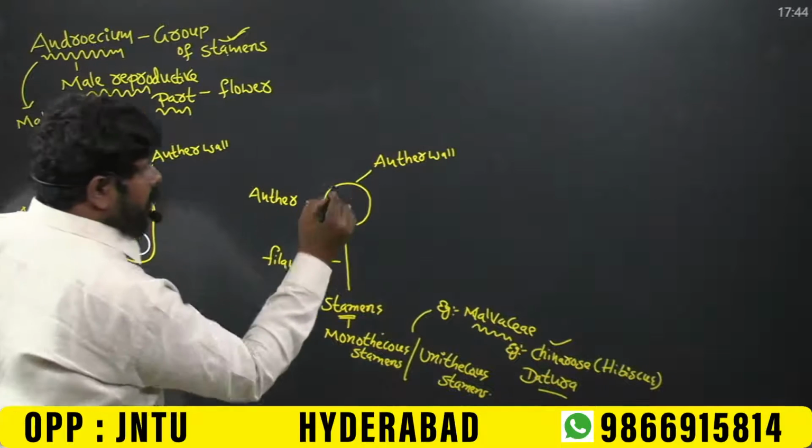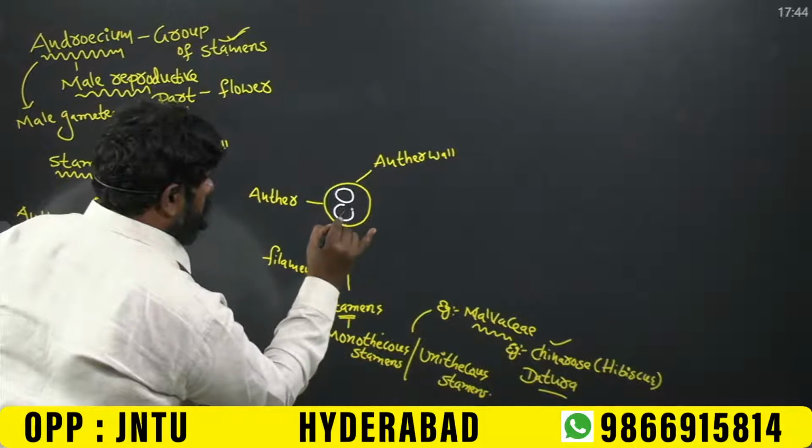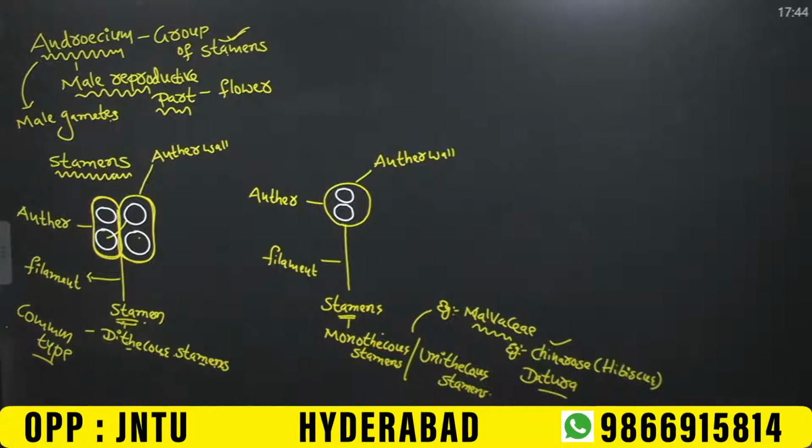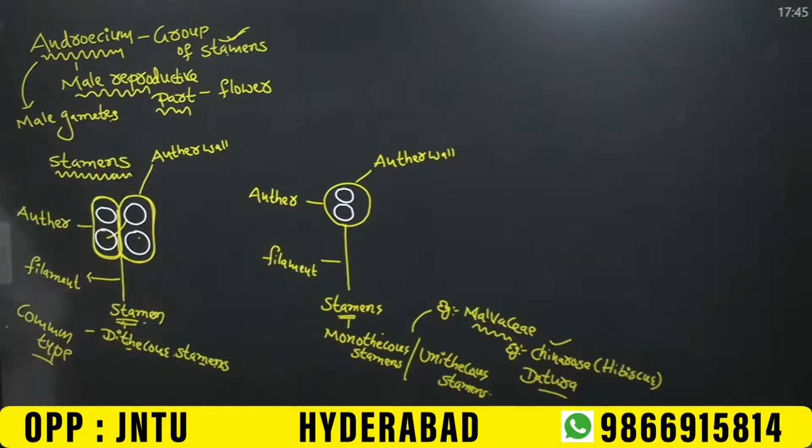But here only one lobe is present. Here one lobe, two spherical bodies. Here two lobes, that's why four spherical bodies. But here only one lobe, that's why only two spherical bodies are present.